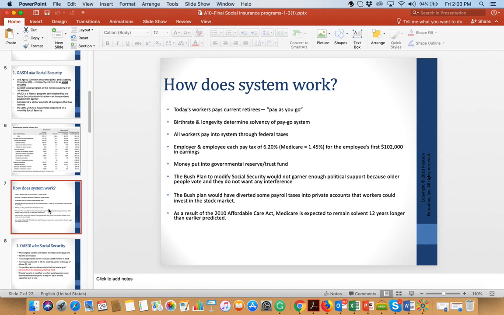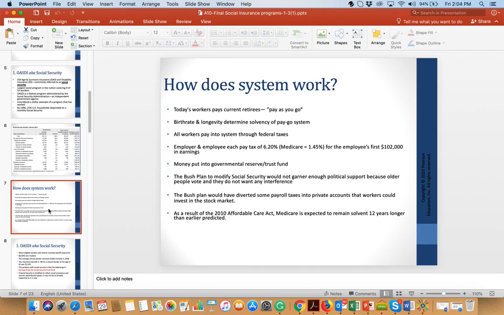Employer and employees each pay a tax into the system of 6.2%, meaning that if you have a job, you're going to pay your Social Security taxes of 6.2%, and your employer will also pay a matching tax of 6.2%.